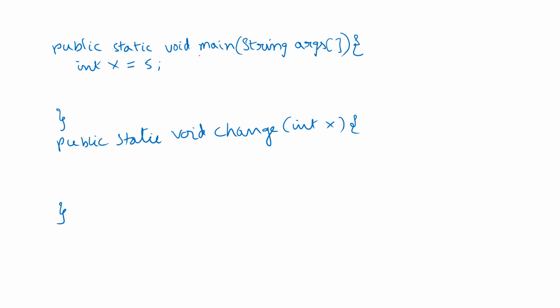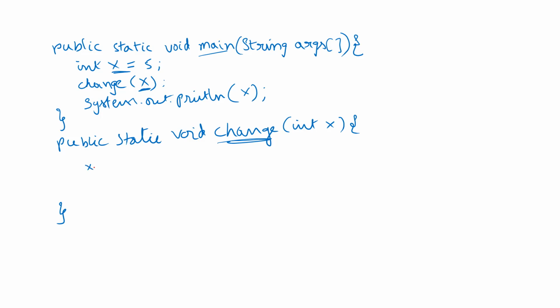And from the main method, I am calling this change method, passing this x variable. And if I print this value now, in the change method, I will try to change the value that is passed here, which is x. So I am saying x is equal to 10.